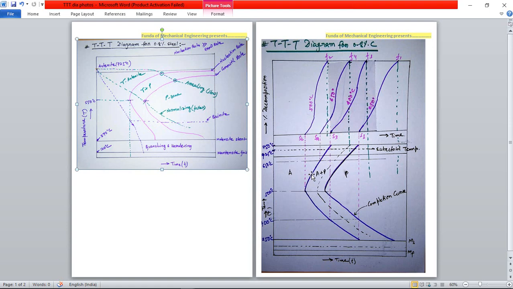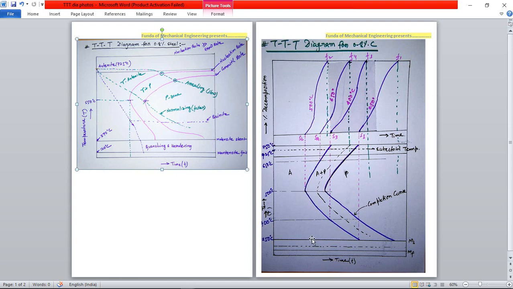From the previous diagram you know this is the nucleation curve, this line represents nucleation rate, and this line represents growth rate. This temperature is the eutectoid temperature, and after the growth rate curve the austenite is transformed into pearlite. That's why this curve is also known as the completion curve. At 250 degrees martensite starts, and at about 110 degrees centigrade martensite finishes.